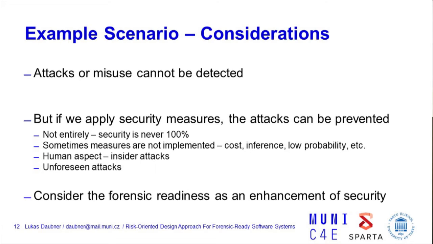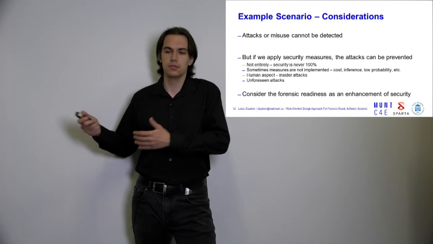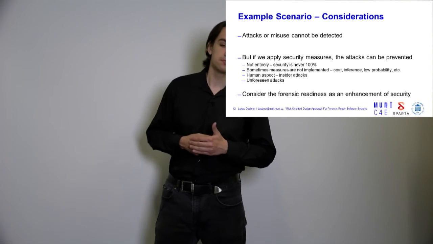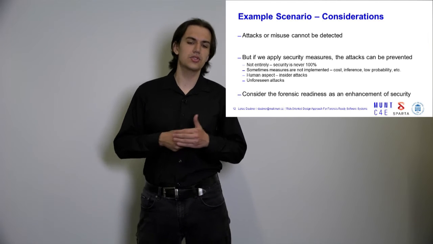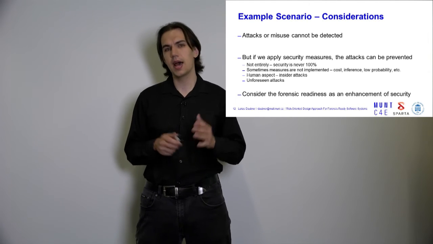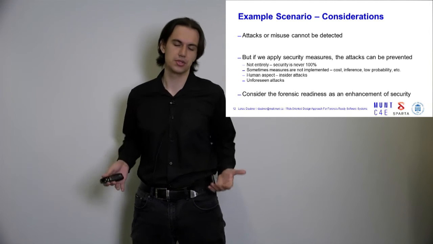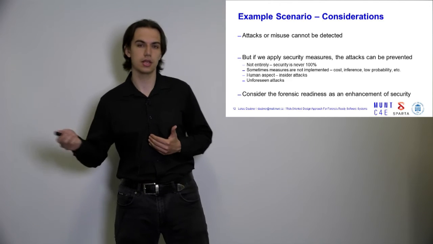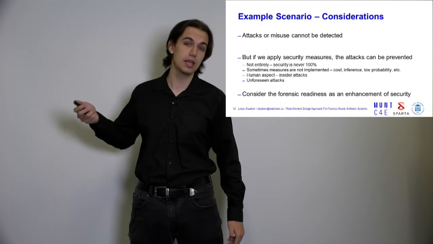And then we get this human aspect, when an insider with legitimate access can use the system for nefarious means. So let's consider forensic readiness as an enhancement to security. We build on top of already secure systems and try to make them better.